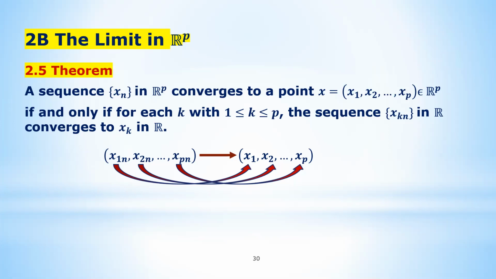Conversely, if this happens for each coordinate, then it implies that the sequence of points converges to the given point. If you want to learn more about this proof, which I don't intend to give in my lecture, you can look at the lecture notes, which consist of the detailed proof.